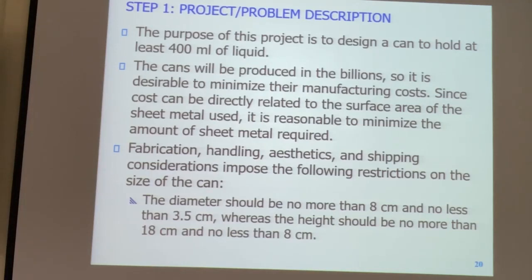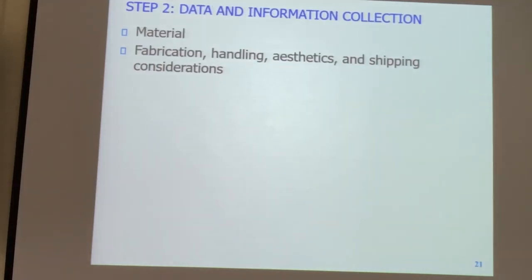So now the second step is to gather information. Okay, data and information. You need to collect them. Sorry, your name? Xiangyu, please. Material, fabrication, handling, estimate and shipping consideration.